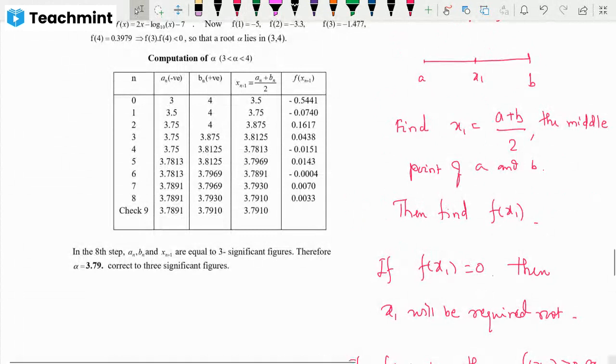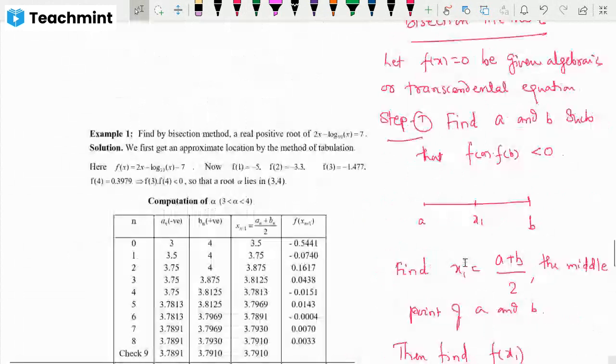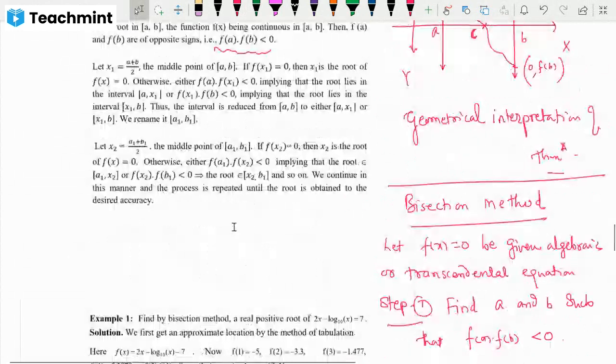Then either x1 is the root of f(x) = 0, or otherwise either f(a) times f(x1) is strictly less than 0 or f(x1) times f(b) is strictly less than 0, at least one.